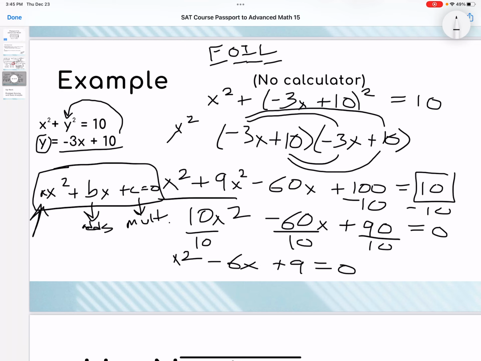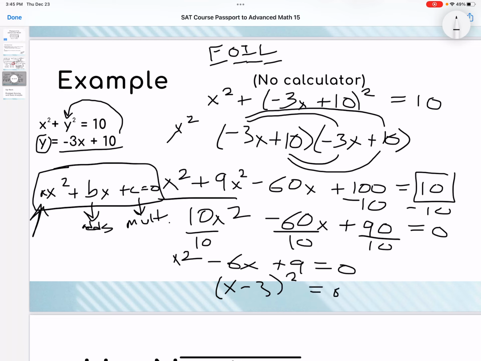So we need something that adds to -6 and multiplies to a positive 9. And if you were thinking about that, then the answer is actually -3 and -3. They add up to -6, and they multiply to make positive 9. So the answer to this one is x minus 3 squared equals 0.